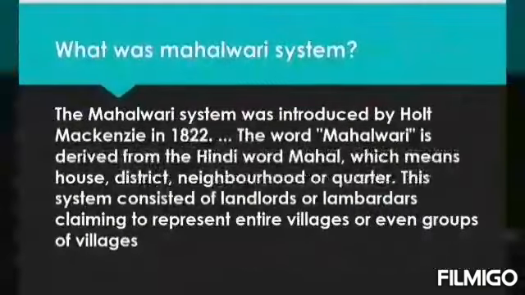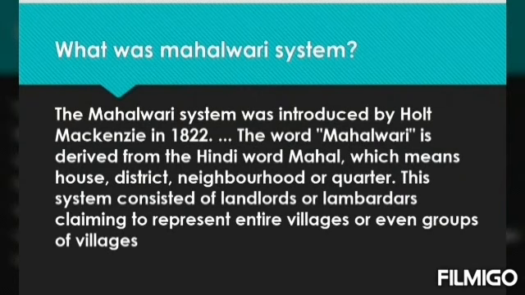The next small topic is what was Mahalwari system. The Mahalwari system was introduced by Holt Mackenzie in 1822. He was an Englishman. He introduced a new system which came to be known as Mahalwari system.